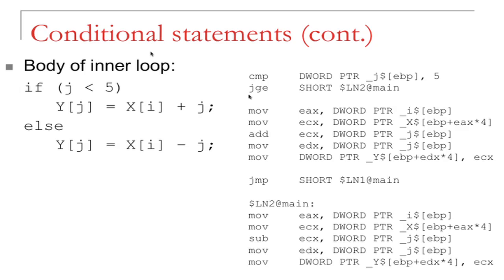And on the right, these are the instructions we will need to implement that if then else in assembly language in x86. So we have a comparison instruction here to check whether the condition is true or not. This is typically done by using CMP.